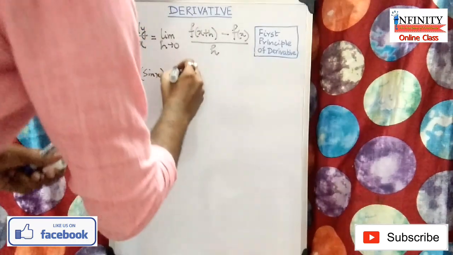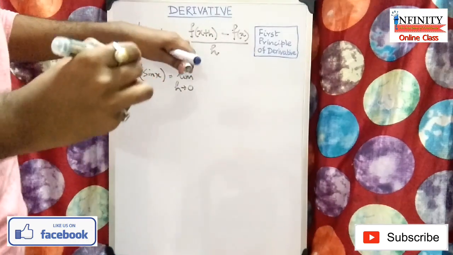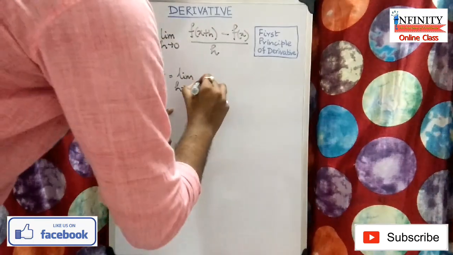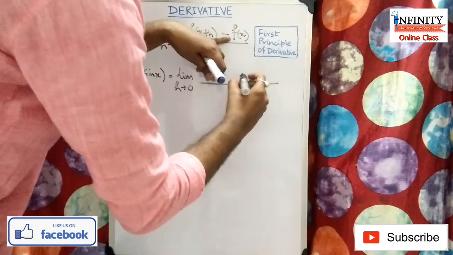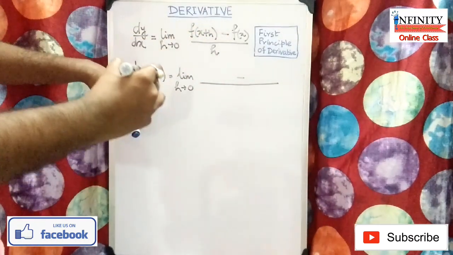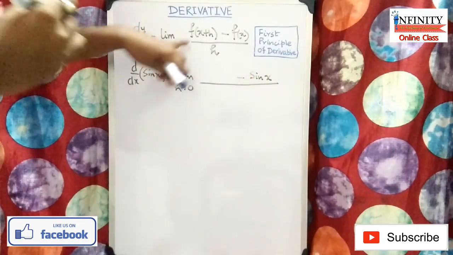What will be that d dx of sine x? That is the limit h tends to 0. You have to follow this first principle. Okay. First of all, you have to write f of x. f of x means y, that is sine x. Right?